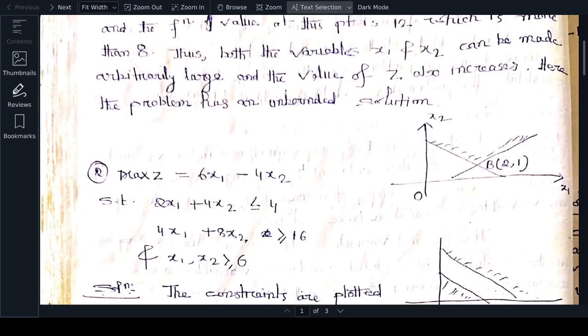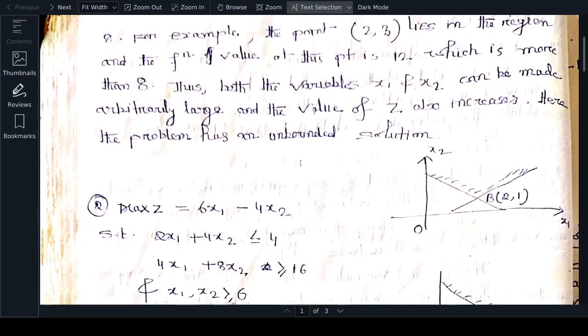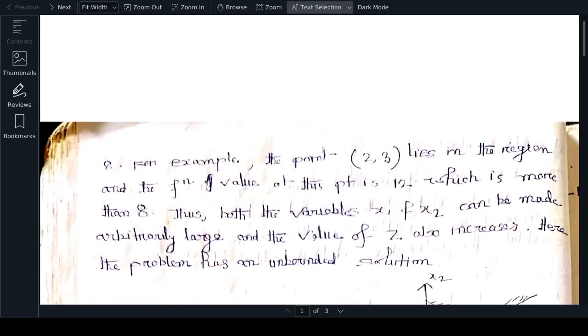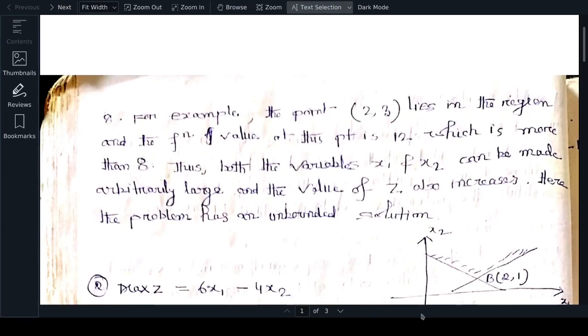Then you will calculate and you will get one coordinate, this one will be 2 comma 0, and another coordinate will be 0 comma 1. So you can mark 2 comma 0 and 0 comma 1 in the diagram.